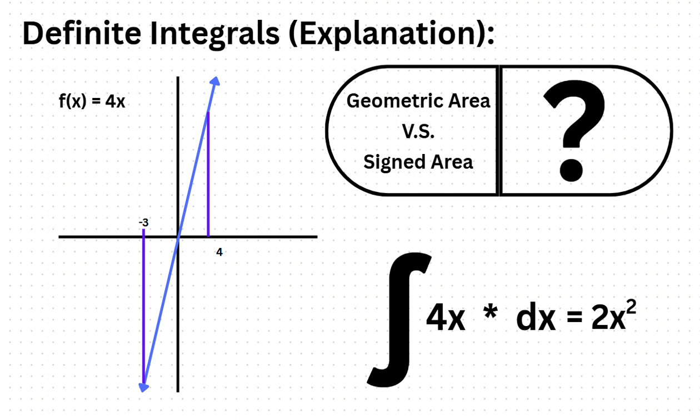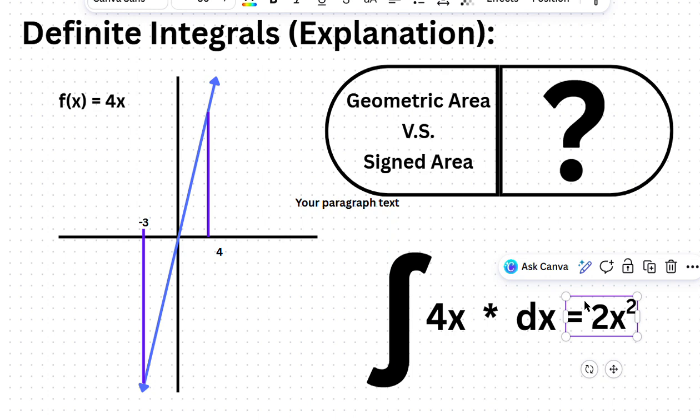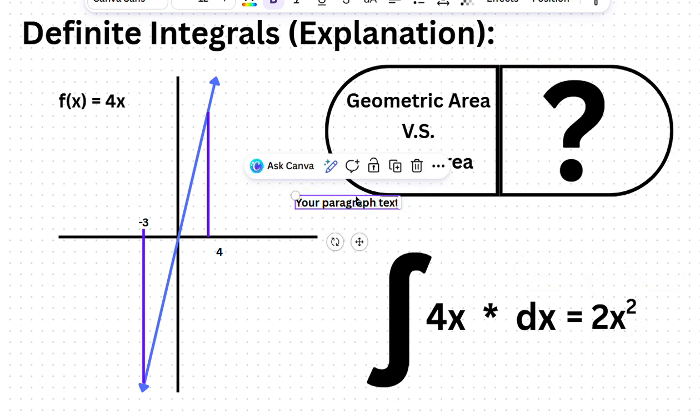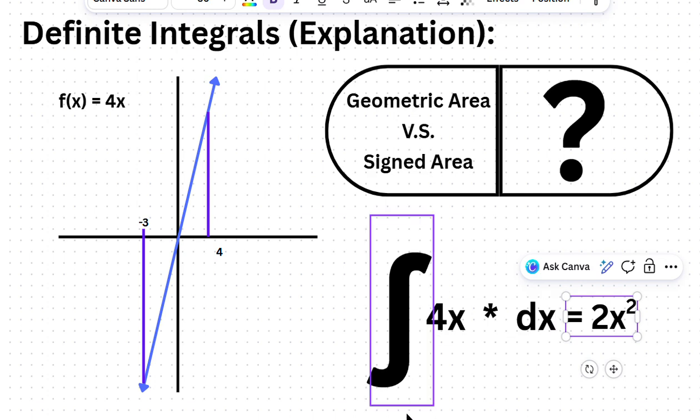So we have our example here, -3 to 4. We know the antiderivative of 4x delta x is 2x squared, as we talked about in the last video. In the last video, we had to substitute the top number into 2x squared.